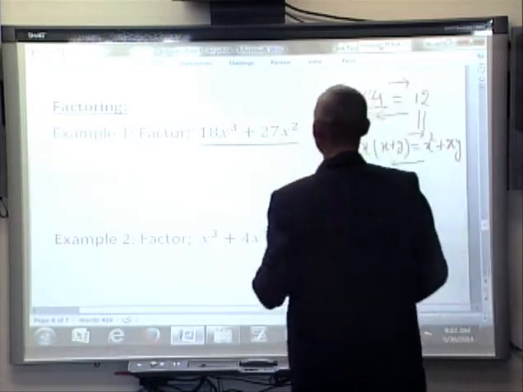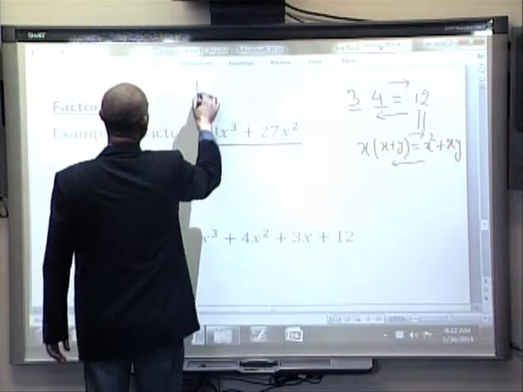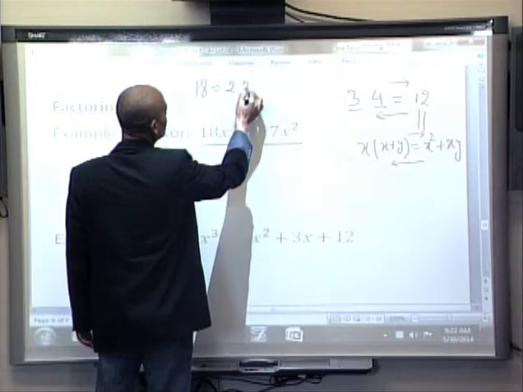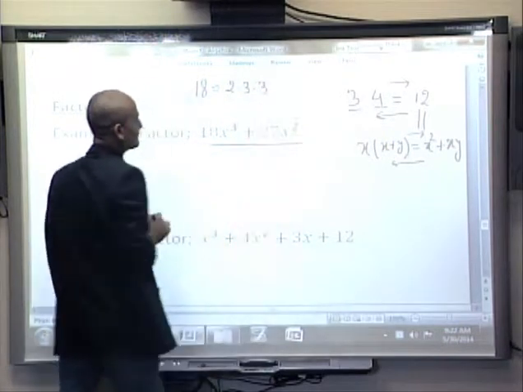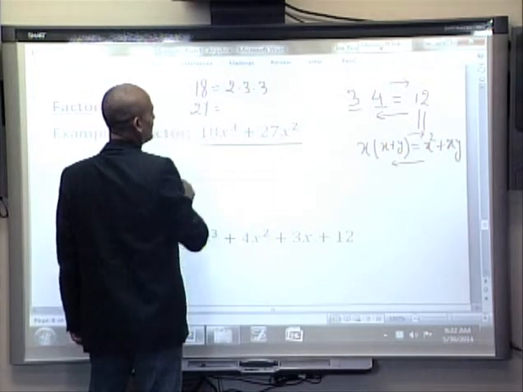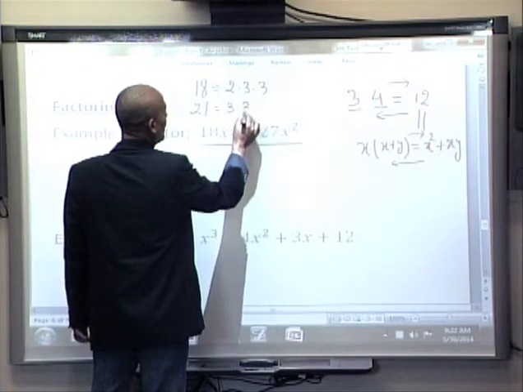So let's think about factoring 18 into prime factors. 18 can be written as 2 times 3 times 3, and 27 can be written as 3 times 3 times 3.